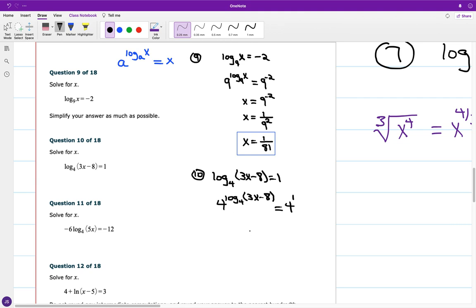So the left hand side becomes 3x minus 8, and the right hand side, 4 to the first, that is going to be 4.